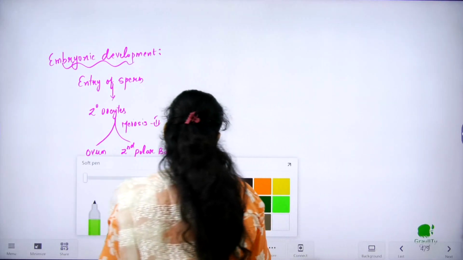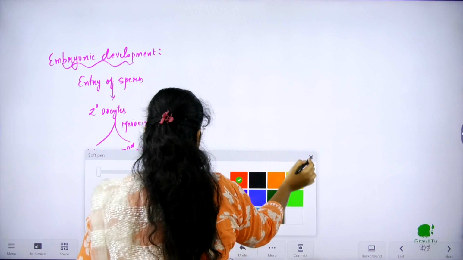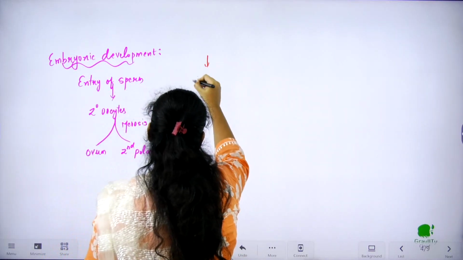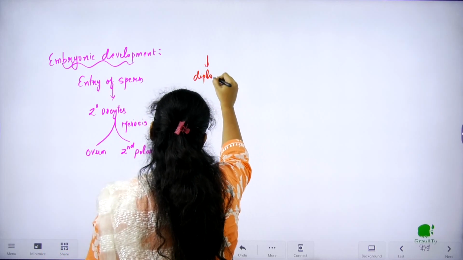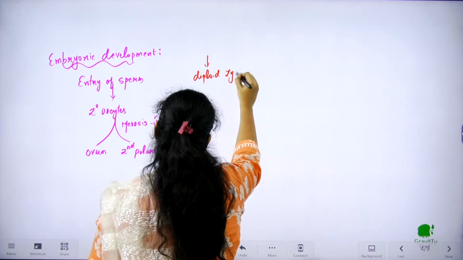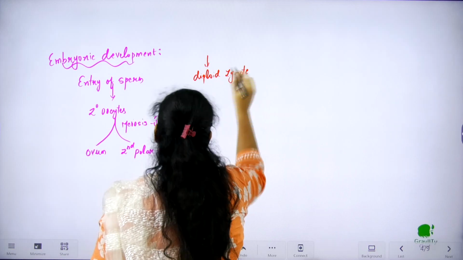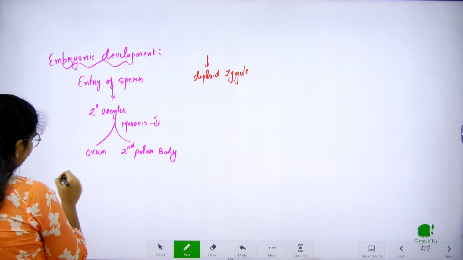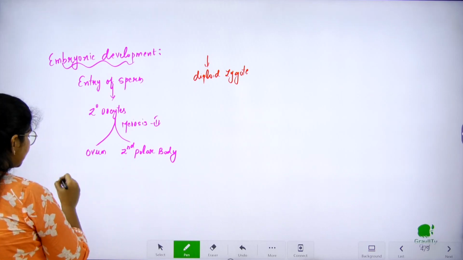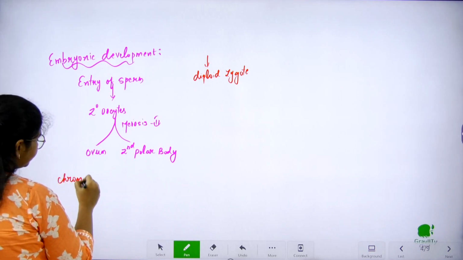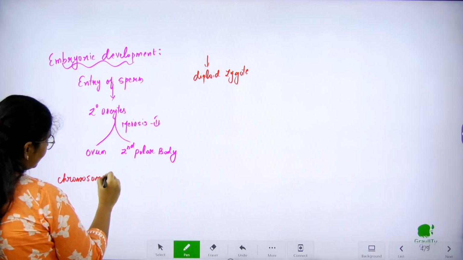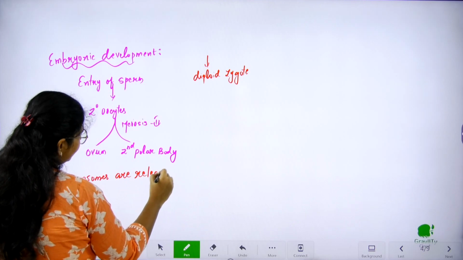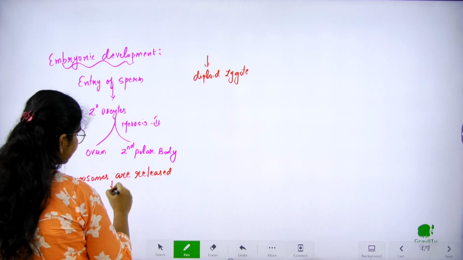Okay. Now this fertilization is going to result in what? A diploid zygote. Fertilization results in a diploid zygote. Clear, everyone? During fertilization, both sperm and ovum nucleus chromosomes are released, and these chromosomes form a mitotic spindle.